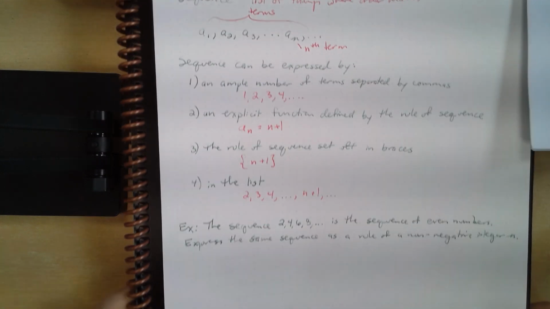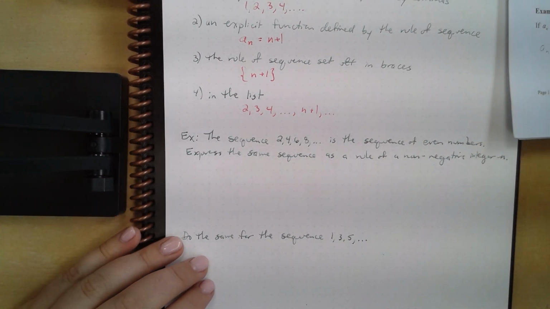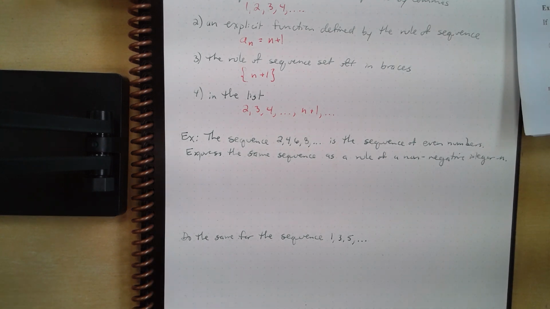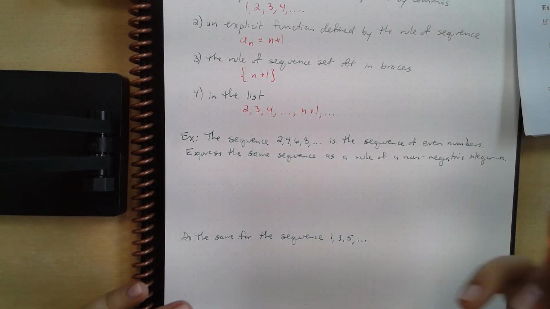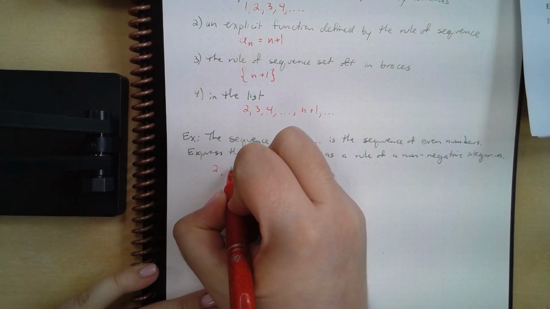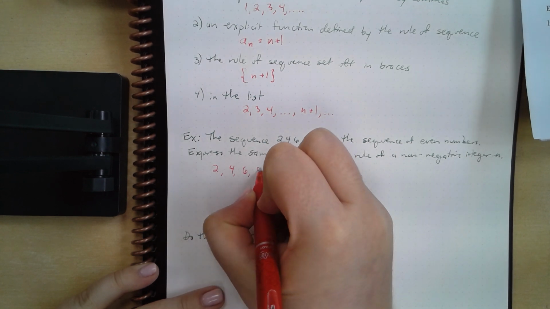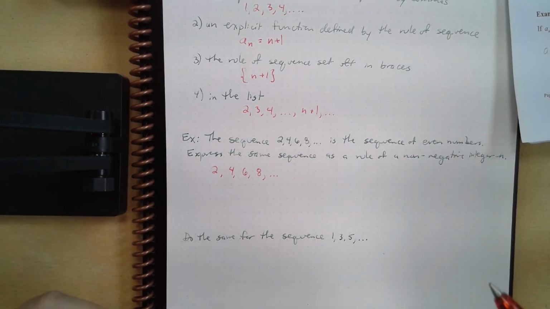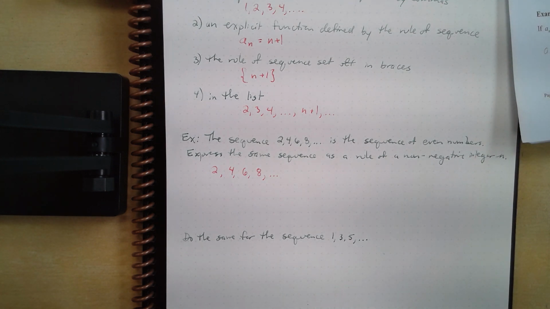All right, so let's do a few examples here. The sequence 2, 4, 6, 8 is the sequence of even numbers. We're asked to express the same sequence as a rule of non-negative integers n. So we have 2, 4, 6, 8, and we want to figure out how we can write that as a sequence using the integer n.